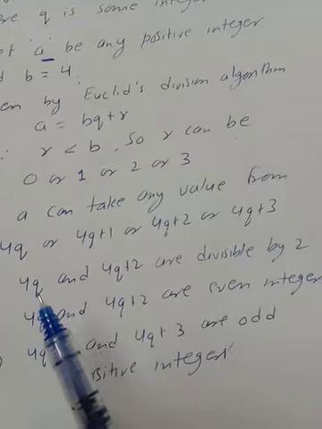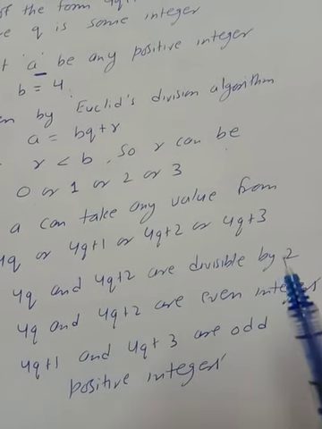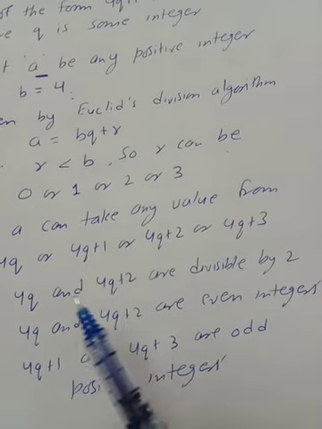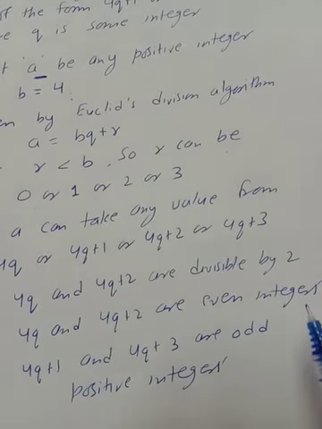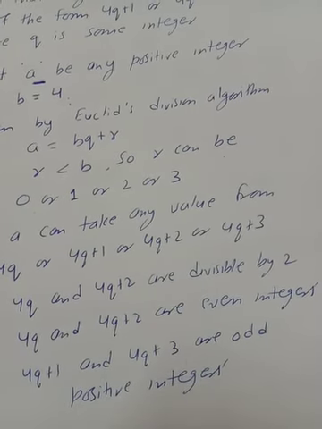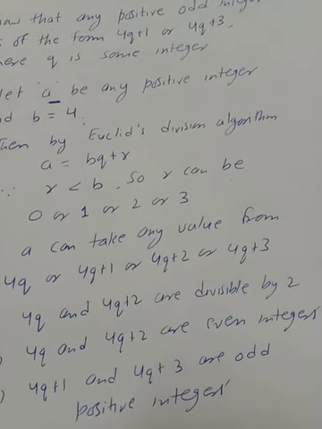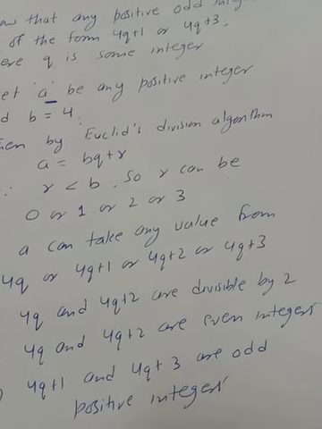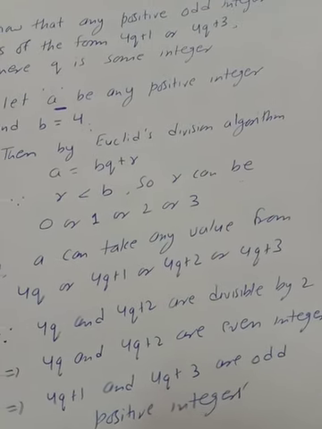Out of these, 4q and 4q plus 2 are obviously divisible by 2. If these are divisible by 2, then these are even integers. And if these two are even, then the next two are odd positive integers. So in this way, we have shown that 4q plus 1 and 4q plus 3 are the odd positive integers.